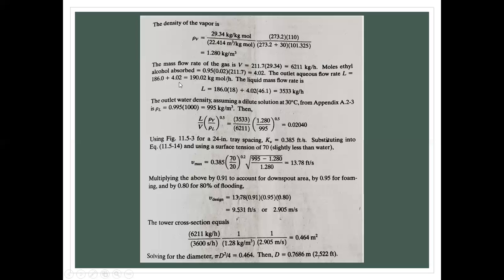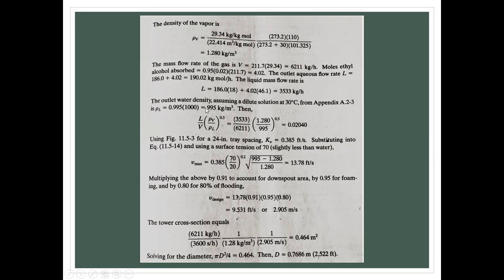And then you have here the moles of ethyl alcohol, multiply it by the molecular weight of the alcohol to give you the mass flow rate of the liquid leaving the column, carrying with it the recovered ethyl alcohol. So the gas and the liquid now were converted to mass. Gas entering in mass, liquid leaving in mass.